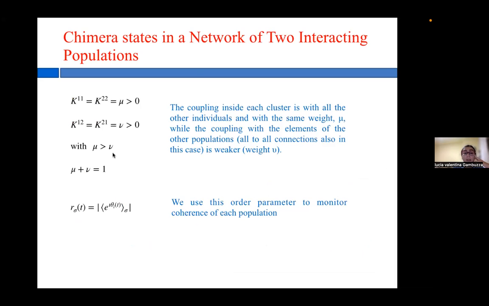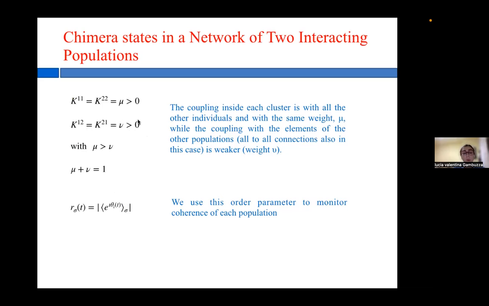In particular, Abrams and Strogatz fixed the coupling inside each population to have the same weight, equal to mu, which is a number greater than 0, and the coupling between the elements of the two populations is fixed to another number, which is also greater than 0.